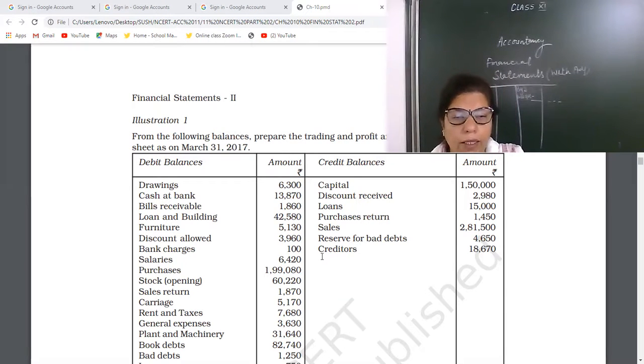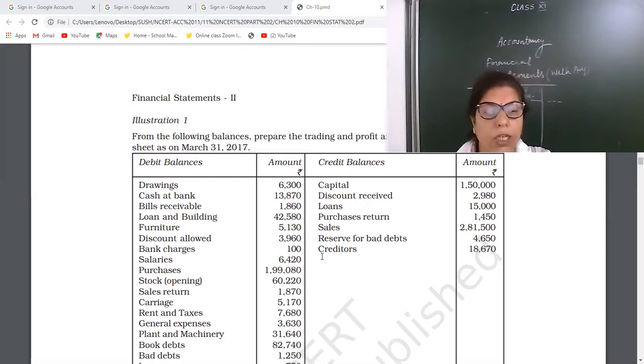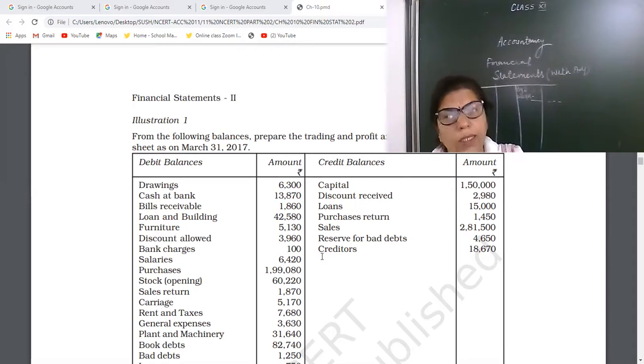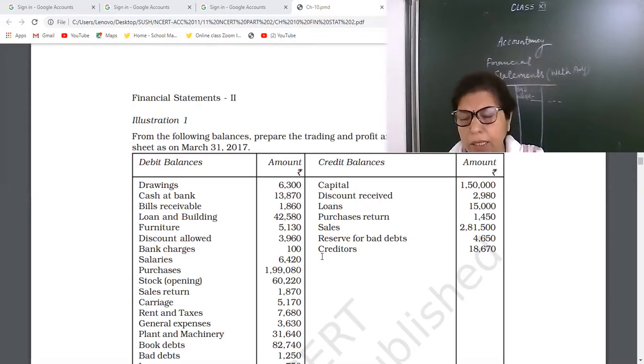Good. Now carriage, if nothing is given, carriage inward, if you are treating it so, you will transfer it to the debit side of trading account. So carriage inward is debit side of trading. Then rent and tax, P&L account, debit side.